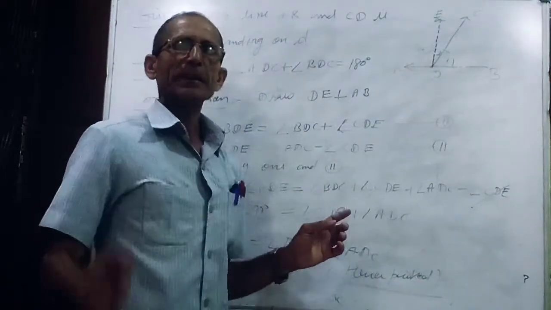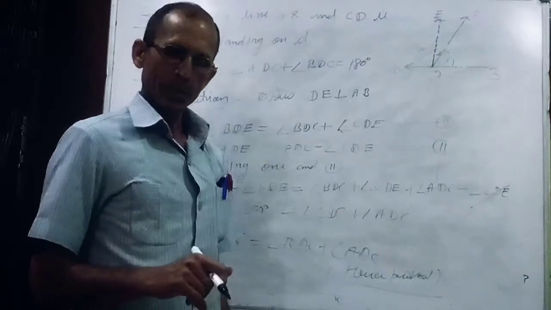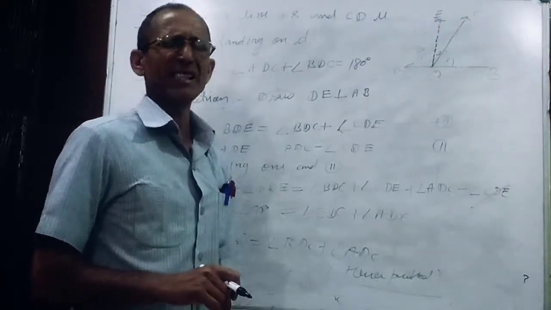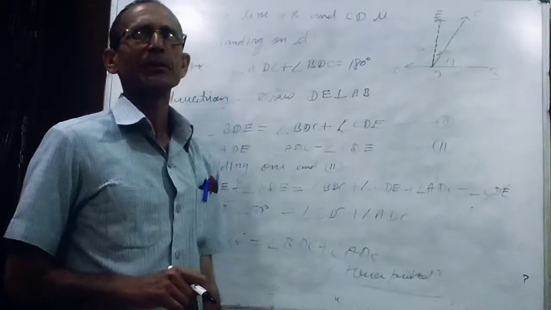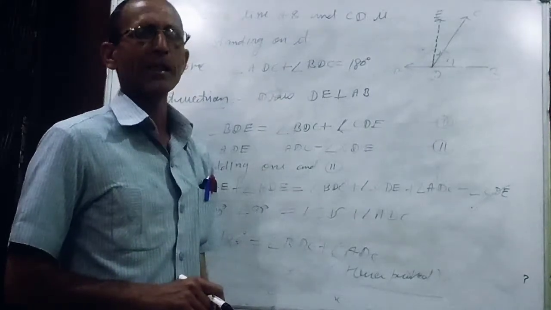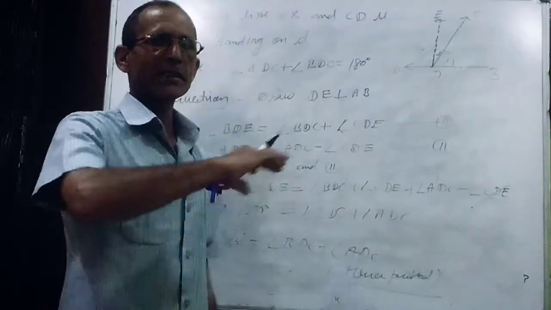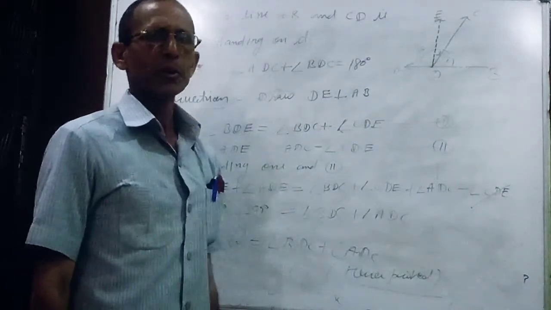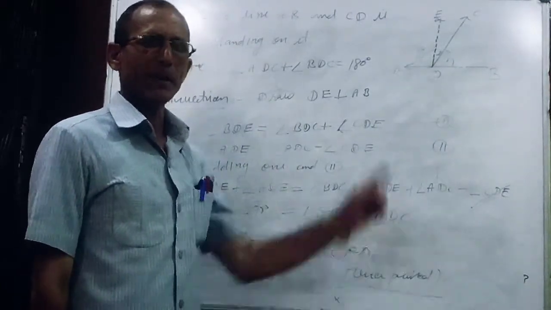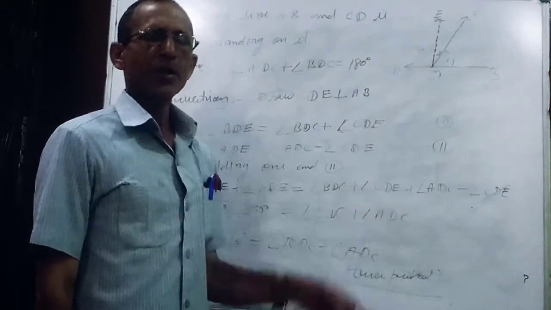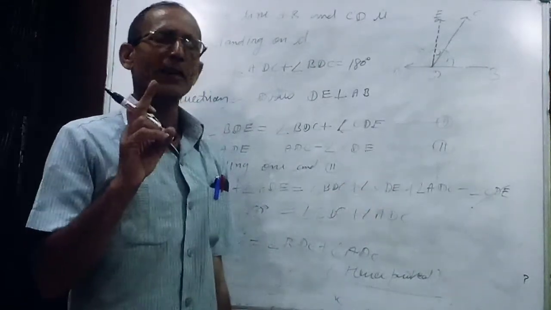Once again I am repeating, you have to focus to prove the theorems. It is a little bit difficult because you are doing it for the first time, so try to understand the main points, read the statement properly, and after that prove the theorems stepwise. Once again I am repeating all the points. What is given? What is the statement?